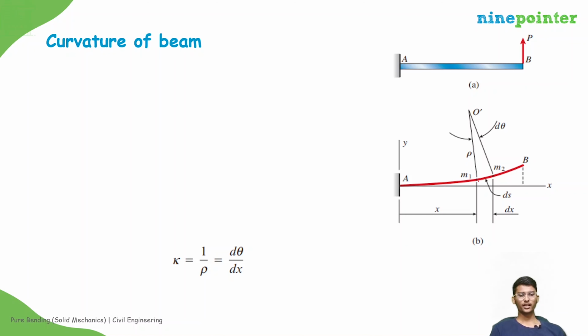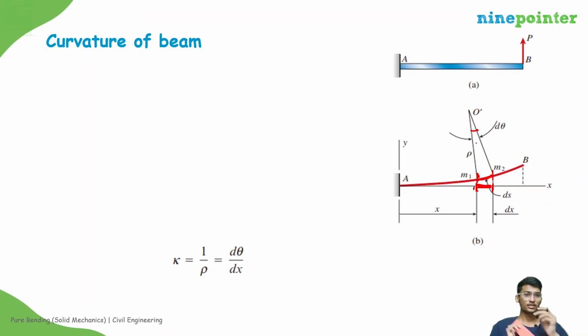If you consider a small dx length before deformation, after bending deformation that length is ds, okay? It subtends an angle d theta at the center, because for a small dx element, it will be like an arc of a circle, right? For an arc of a circle, there will be a center.